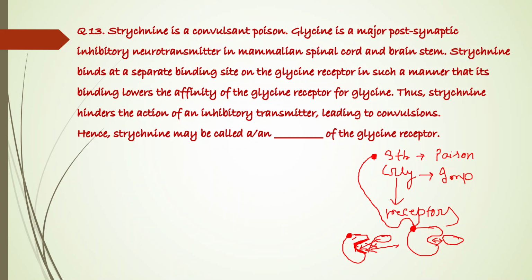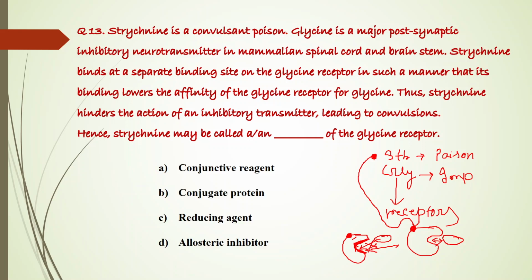So what can we call this strychnine molecule for glycine receptor? What kind of reagent will we call strychnine for glycine receptor? So if you do remember, where we talked about different kinds of inhibition, there is only one example under which the inhibitor attaches to the enzyme and makes some conformational change in the enzyme, which ultimately results in the conformational variation of the catalytic site, and it can no longer bind to the substrate.